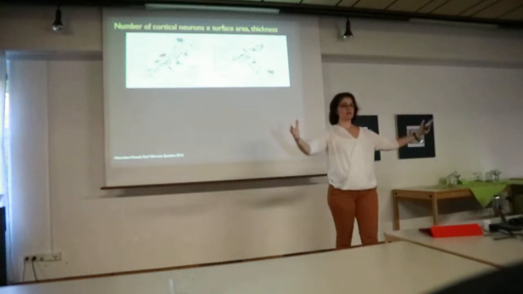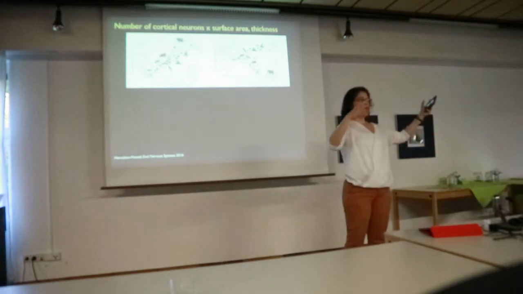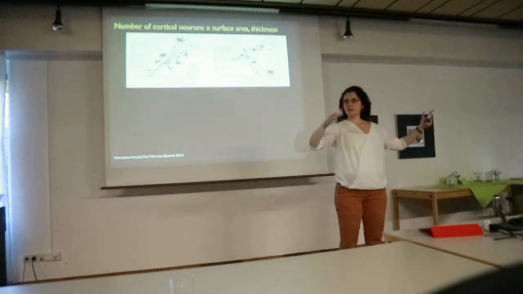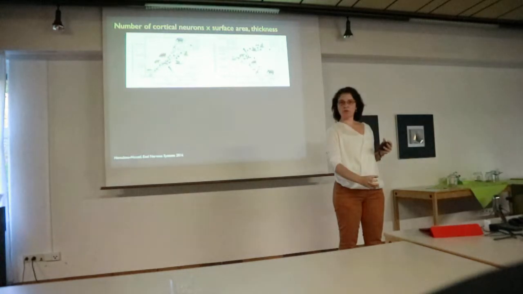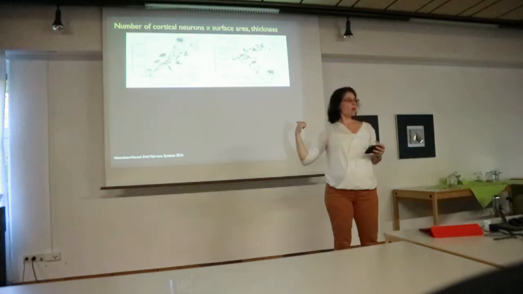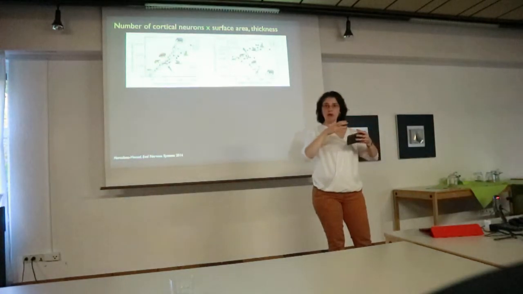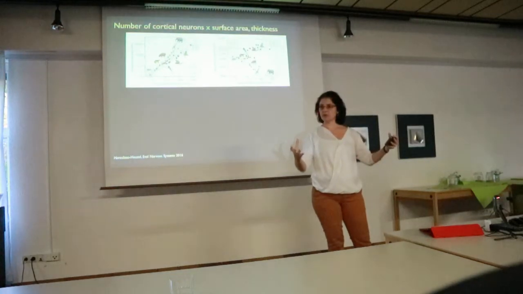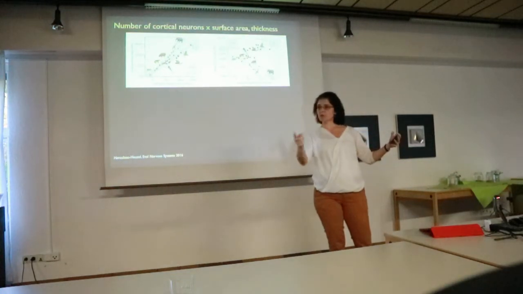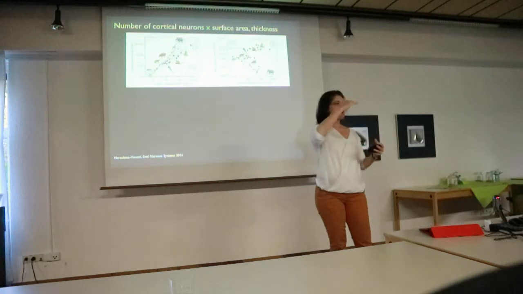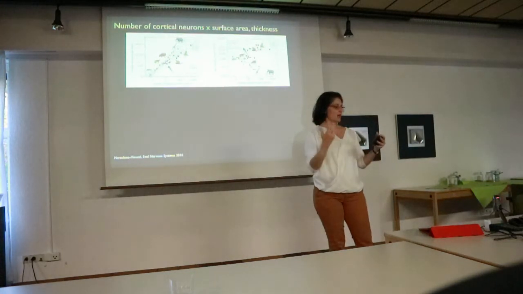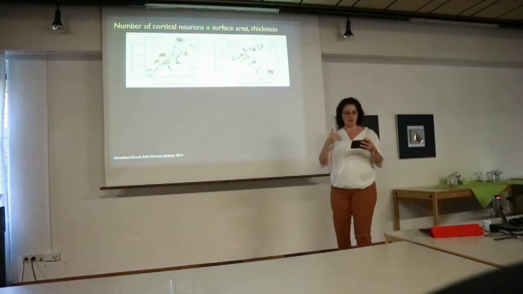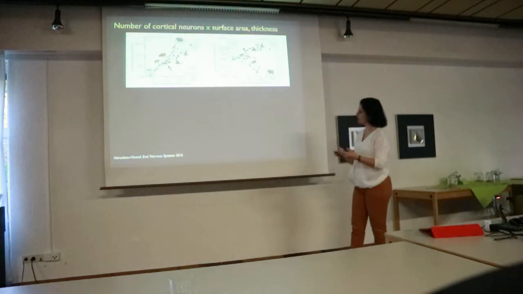Remember that consensus that all brains or all cortices have a constant number of neurons per surface area? Well, now we have direct estimates of total numbers of neurons in cortices, and we know the surface area of each of these cortices. So you divide one thing by the other, and you get the average number of neurons underneath a surface area in the cortex.